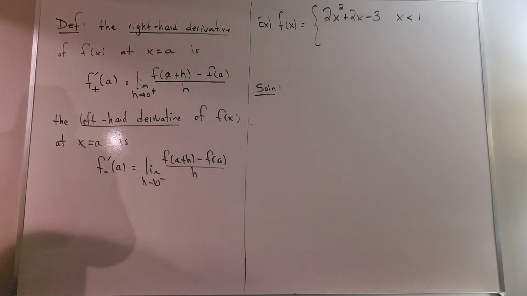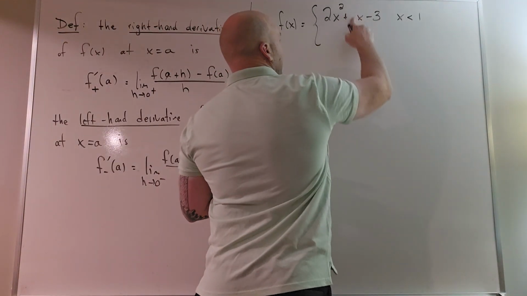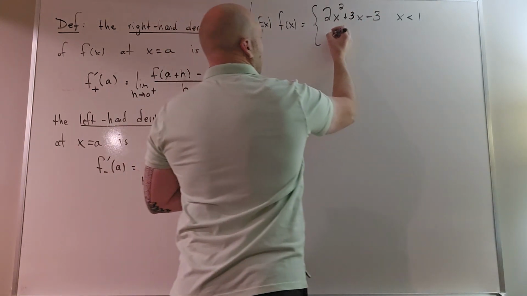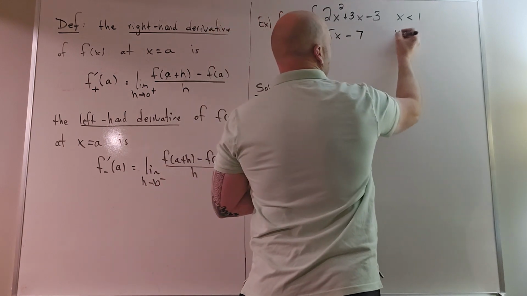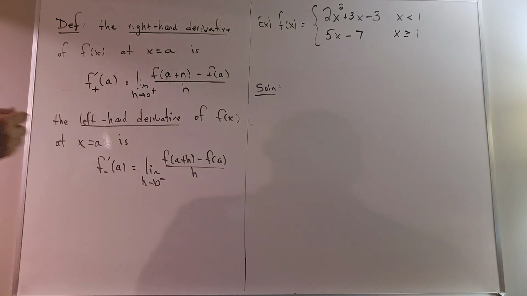And then let's say I've got, let's see, actually, let me change this to a 3. And then I'll do 5x minus 7 if x is greater than or equal to 1. Let me think about that just to make sure.